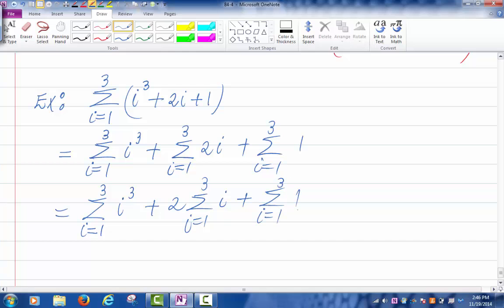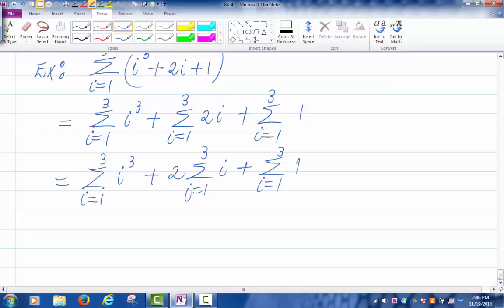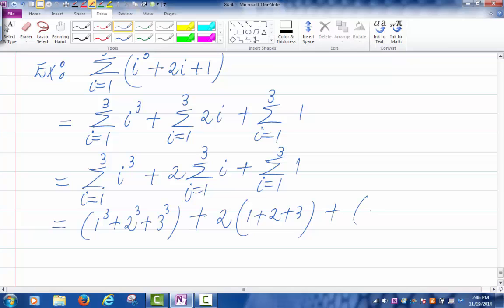And now notice that the first sum is basically 1 cubed plus 2 cubed plus 3 cubed. The second sum is 1 plus 2 plus 3. And the third one is what? It says that you have 3 summands, and every summand is 1. So it's 1 plus 1 plus 1.